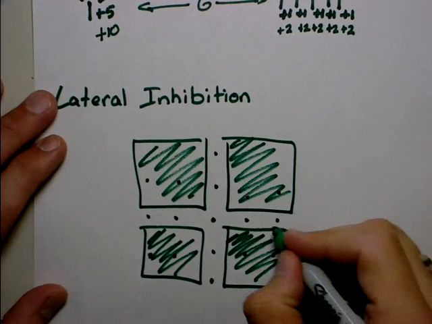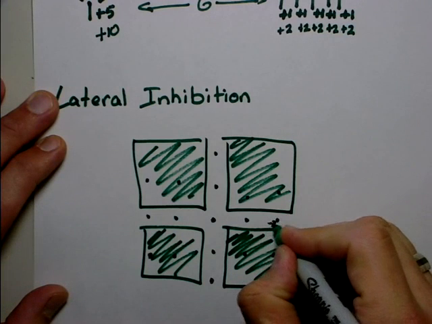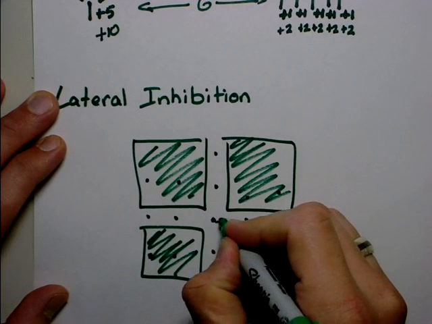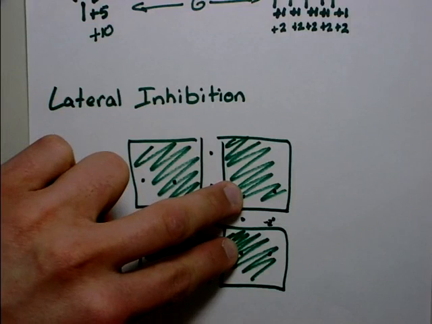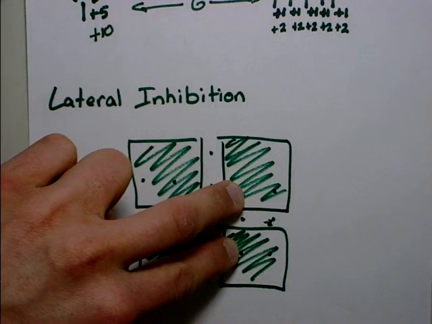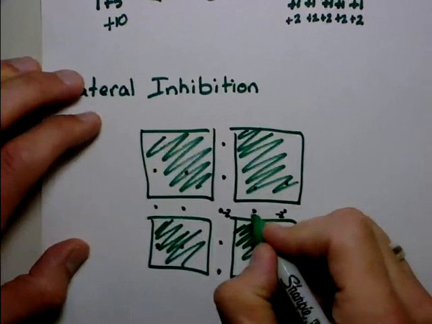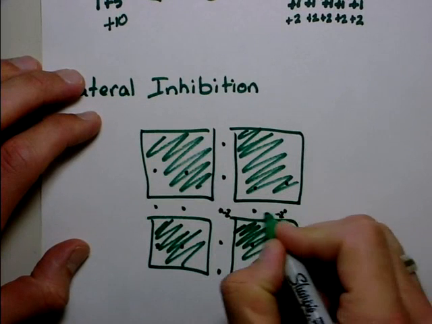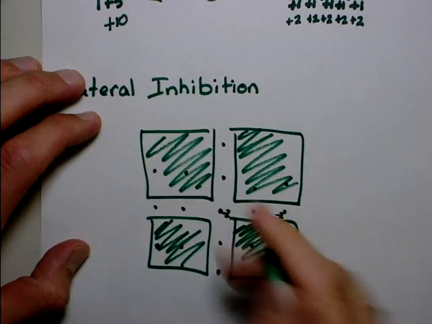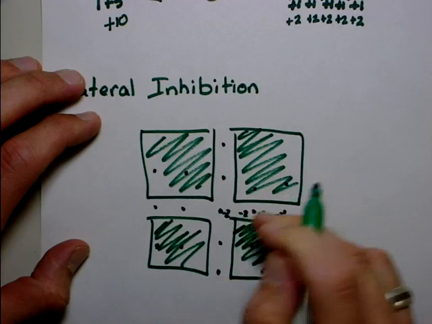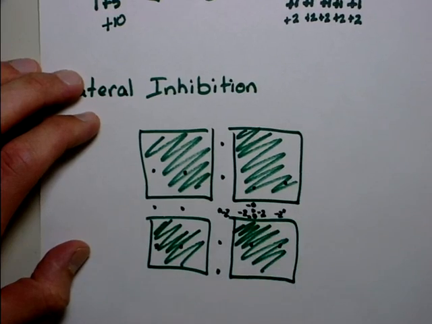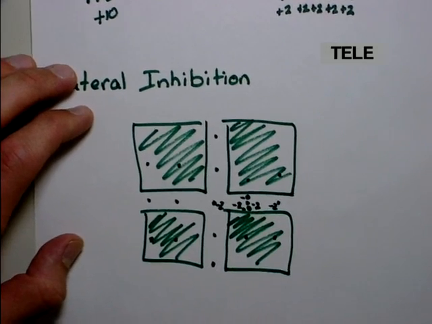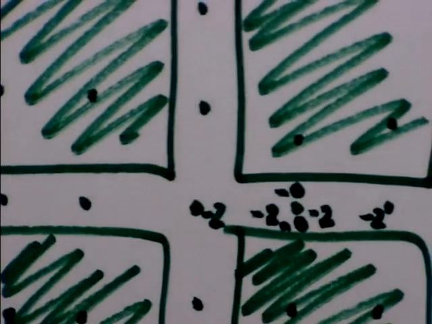So this one here gets -2. This one here gets -2. These two are getting 0. 20% of 0? 0. So this one's getting -2 from this side and -2 from this side, but it's getting no negatives from the top or bottom. Are you with me so far?